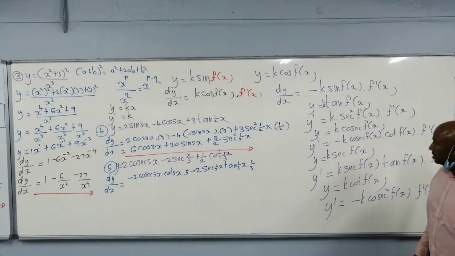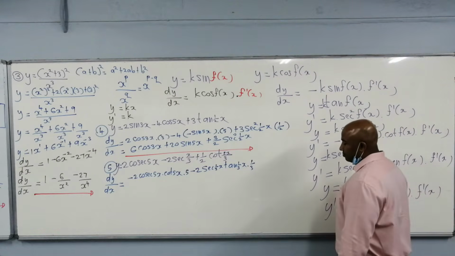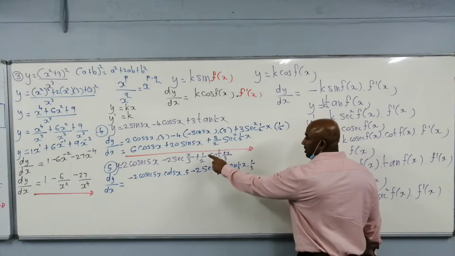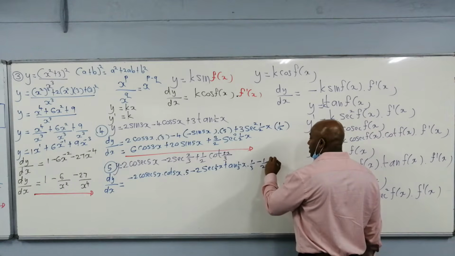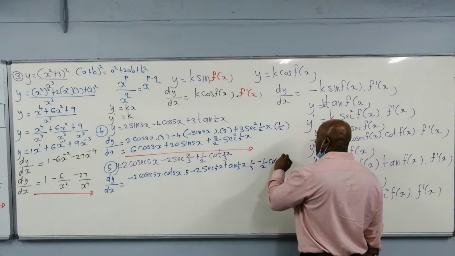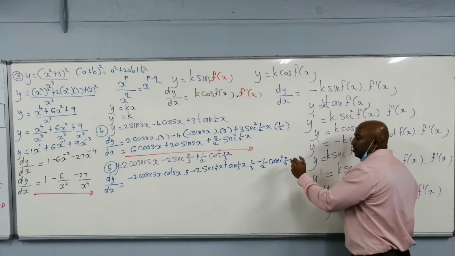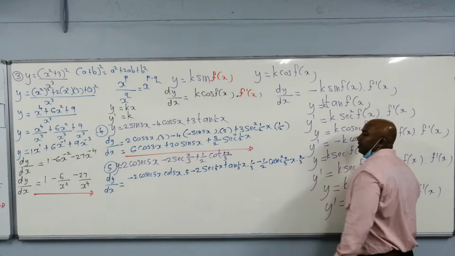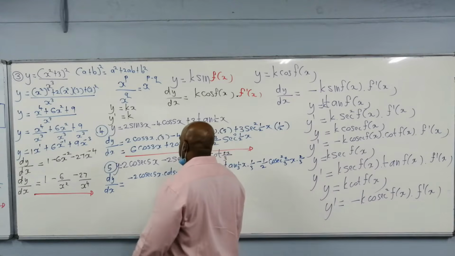What else? Cot. There's cot here. The derivative of cot of f of x is going to be negative cosec squared f of x times f prime x. So the derivative of positive half will be negative half cosec squared of 2 over 3x times the derivative of 2 over 3x, which is 2 over 3. So that's basically it. Let's simplify.